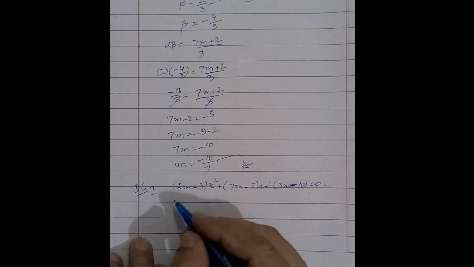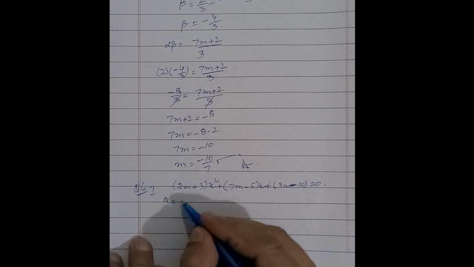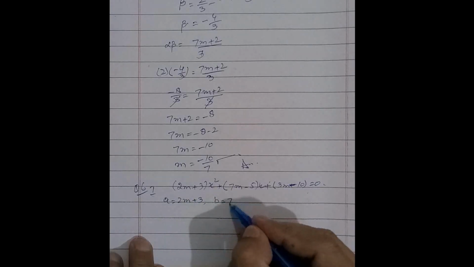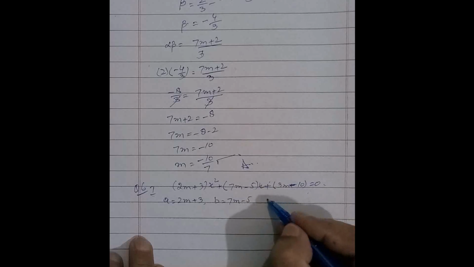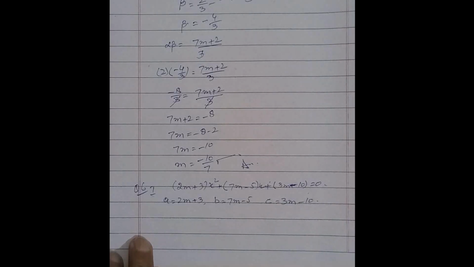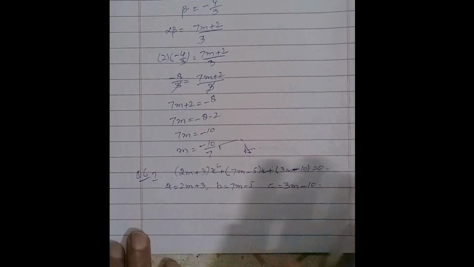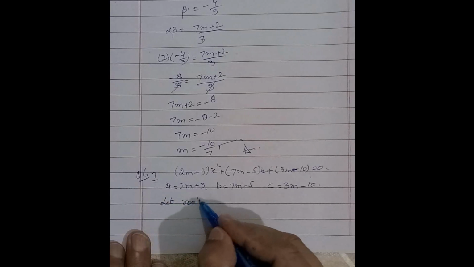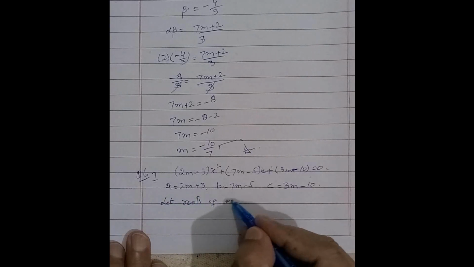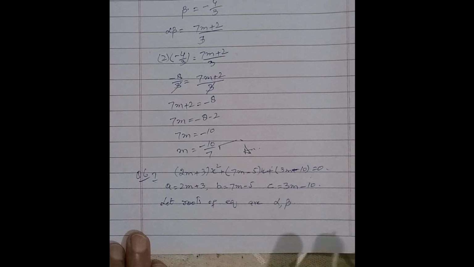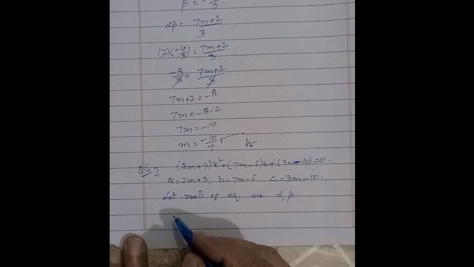In this question we have a is equal to 2m plus 3, b is equal to 7m minus 5, and c is equal to 3m minus 10. And we know that the roots of the equation are alpha beta. Let the roots of the equation be alpha beta, and we should find the sum and product.